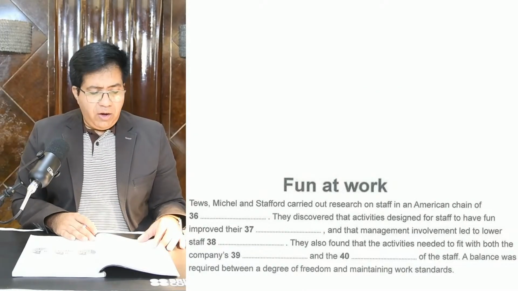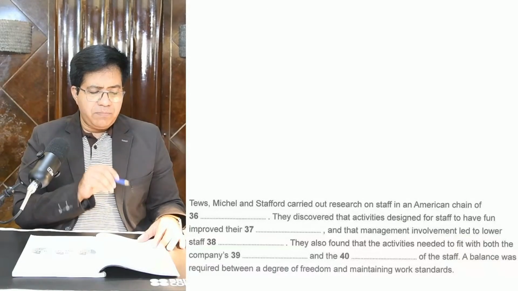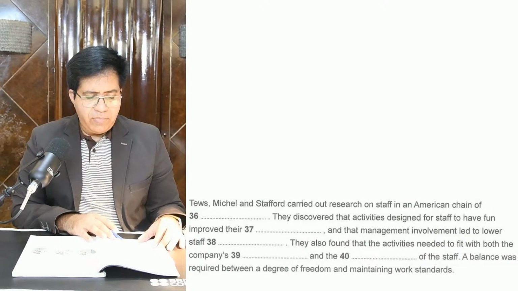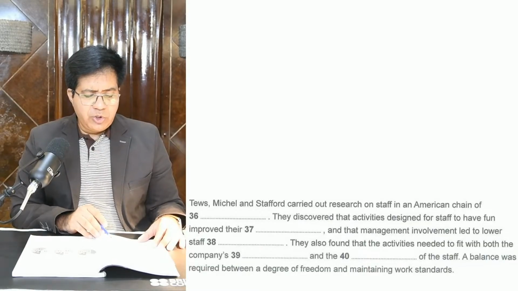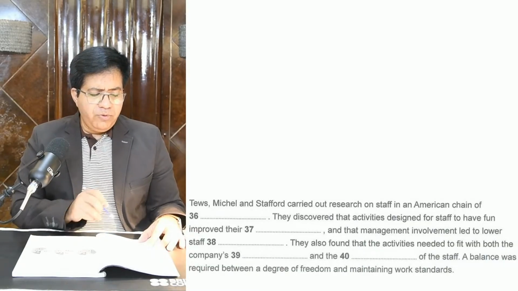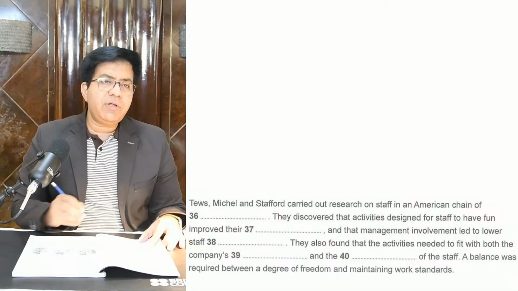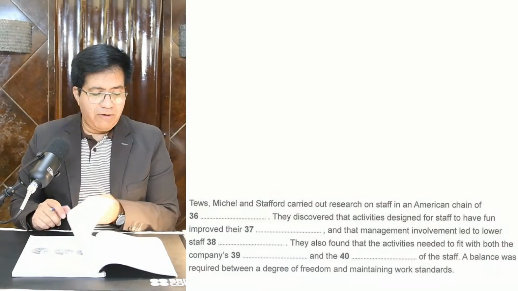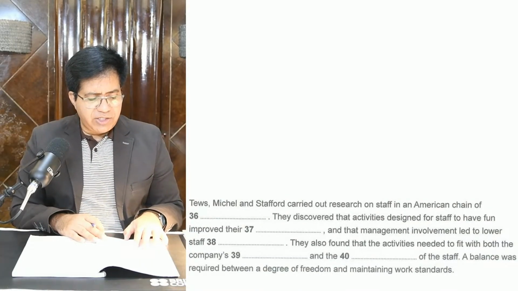Okay, now we read on. Question number 37. They discovered, they means Tews, Michael, and Stafford. They discovered that activities designed for staff to have fun improved their dash. Now, activities improved their. What do they mean by their? Staff. Absolutely staff. Now, please come back. I'm reading after United States.